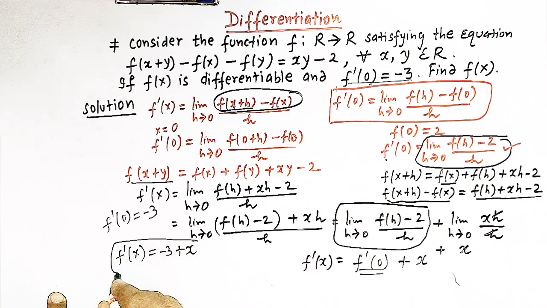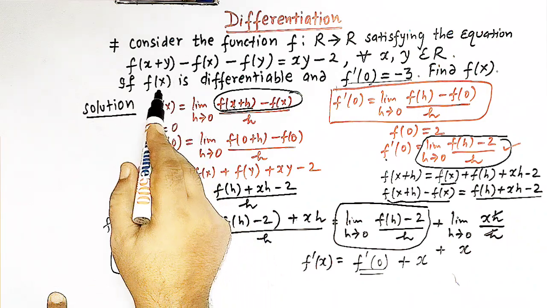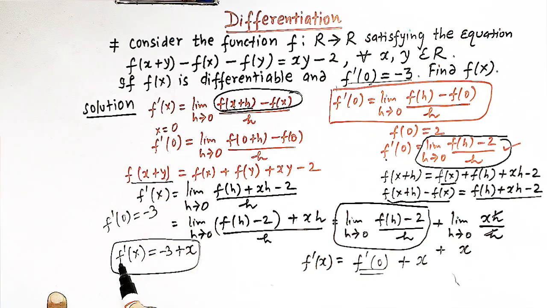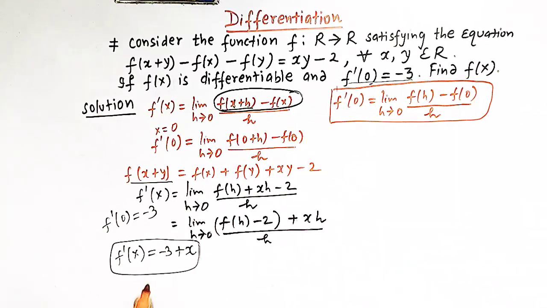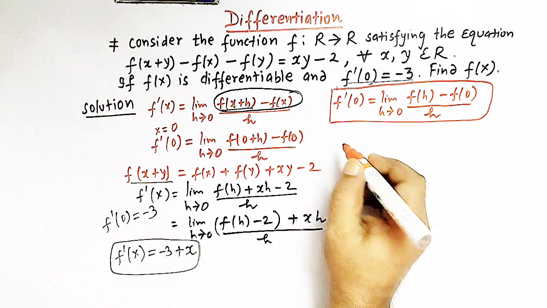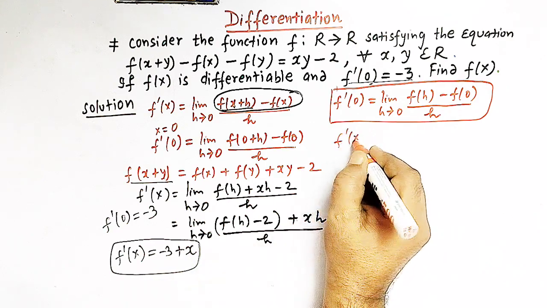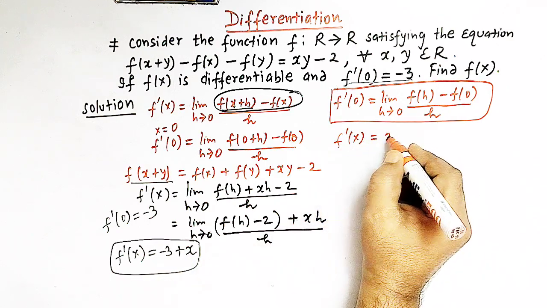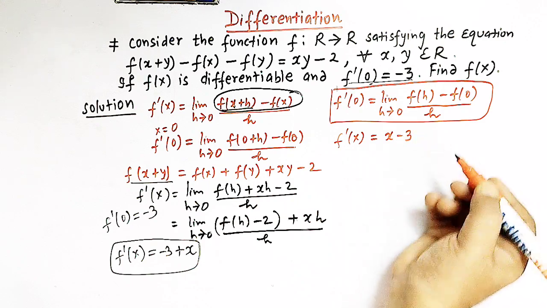So now the derivative of the function f of x, that is f prime of x, is equal to minus 3 plus x. So now this expression is a differential equation, that is f prime of x is equal to x minus 3.